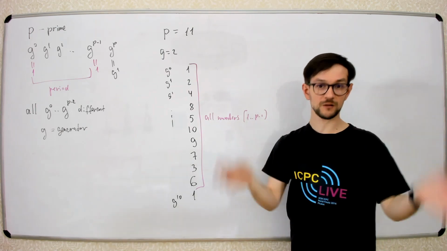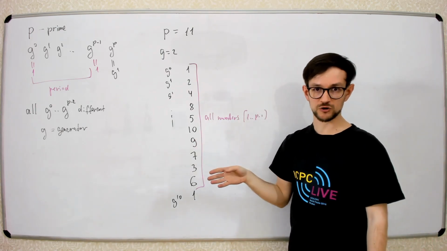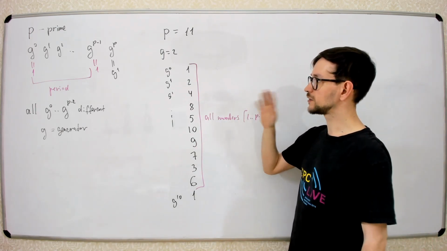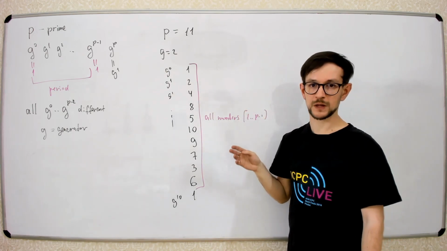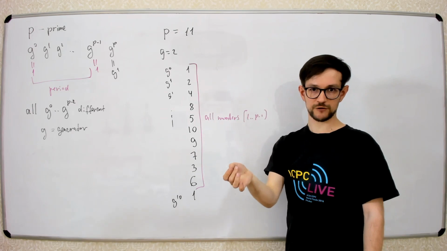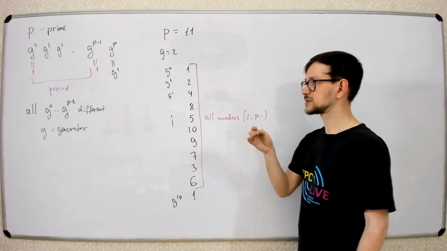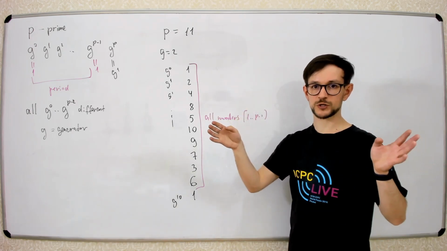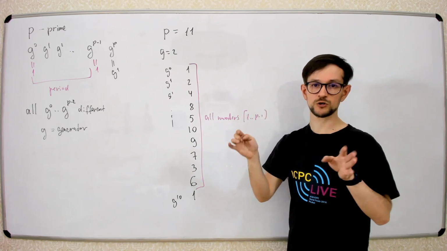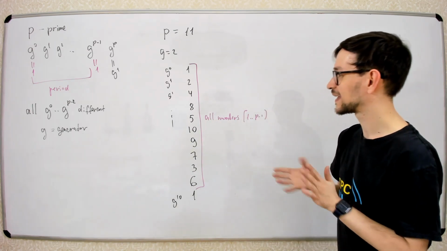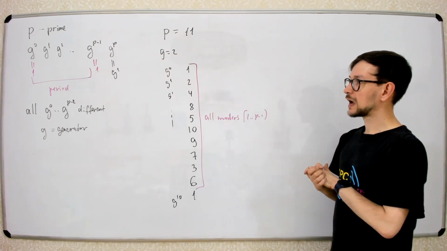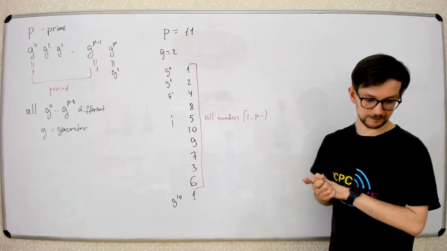It's a very simple algorithm. We know there are many generators, so we pick a random number from 1 to p minus 1 and check if it is a generator. Since the number of generators is pretty large, we will find a good generator with good probability.